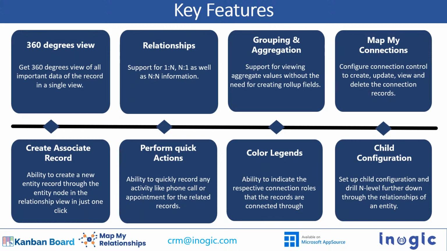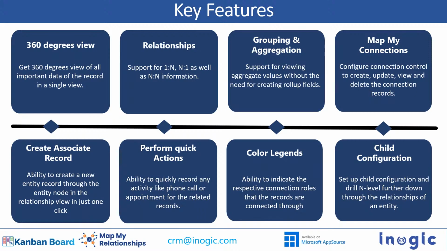Now, this feature allows the user to quickly record any activity. For example, if the user wants to send an email to the client, they can just click on the related record and create the activity on the map view itself. The users can configure any system or a custom activity for them to perform quick actions from the map view itself.